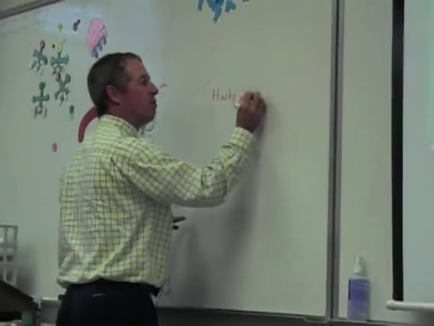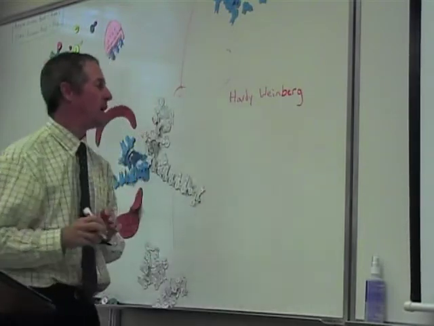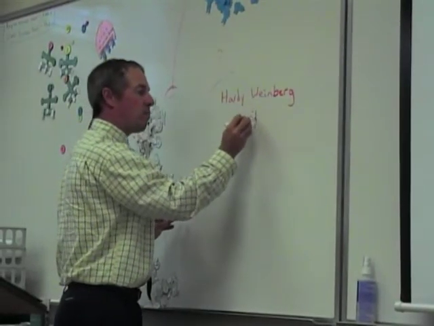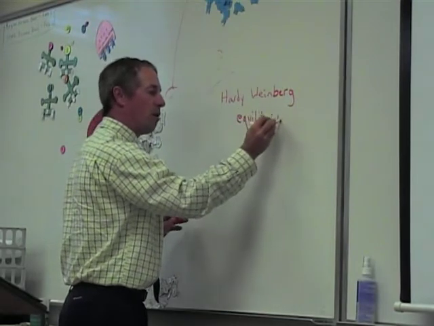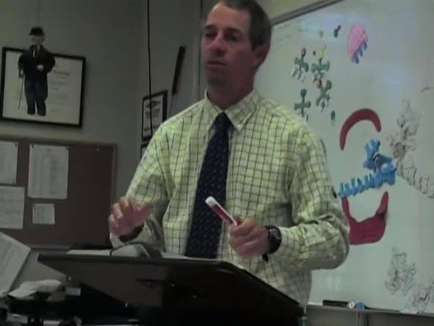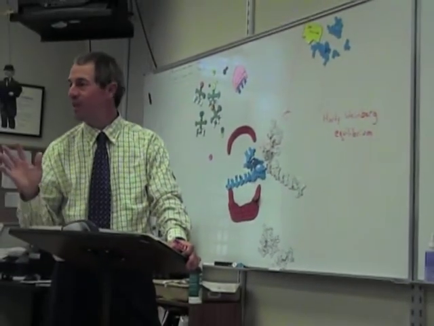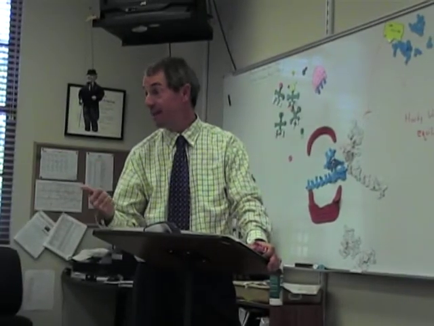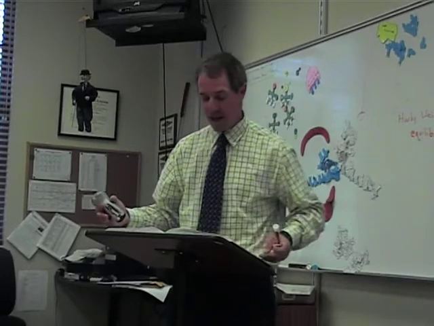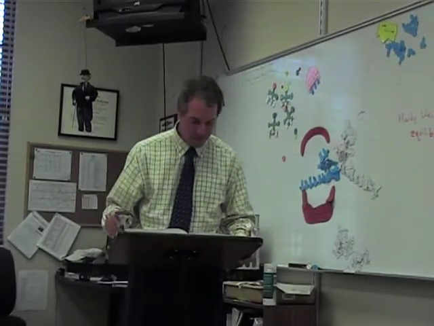Hardy and Weinberg were 2 famous geneticists, statistical geneticists. And they did a lot of mathematical work showing how evolution occurs and why. I'm going to have you skip the math, which, if you don't like math, that's a good thing. And if you love math, you can still read it. It's in your book on page 432.